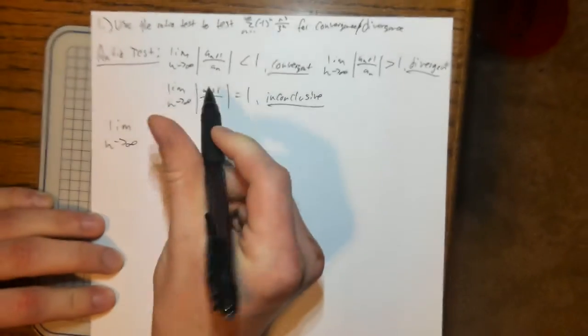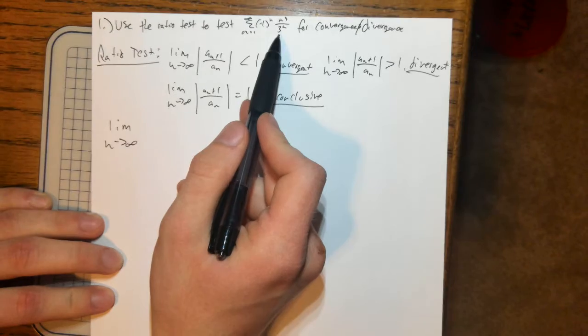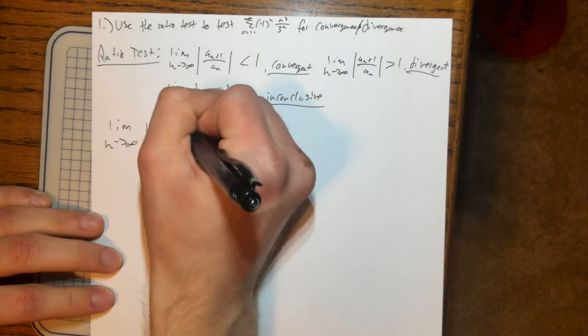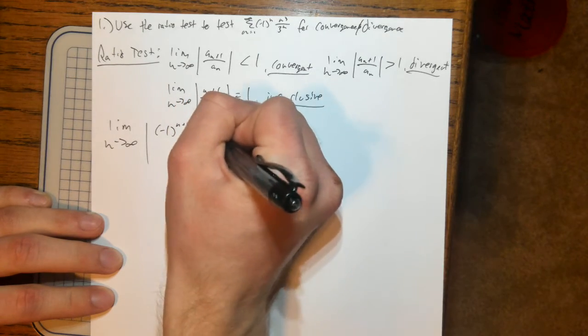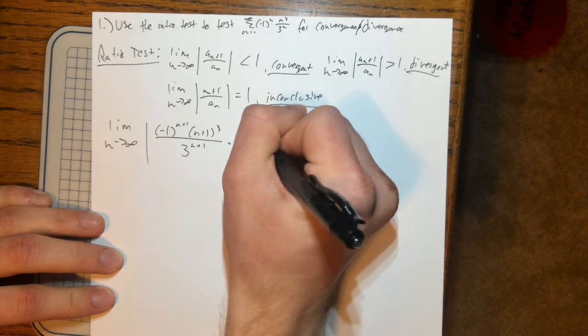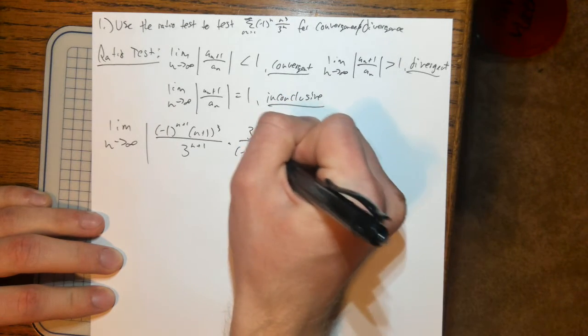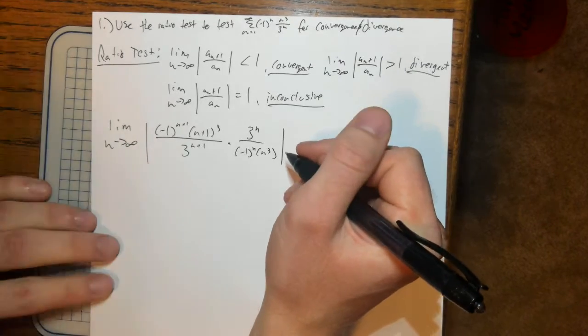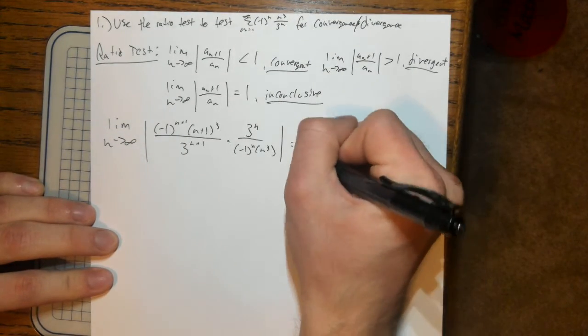So setting up our limit, we are simply going to replace every n value for our series with n plus 1, and then multiply by the reciprocal. So we can simplify this limit.